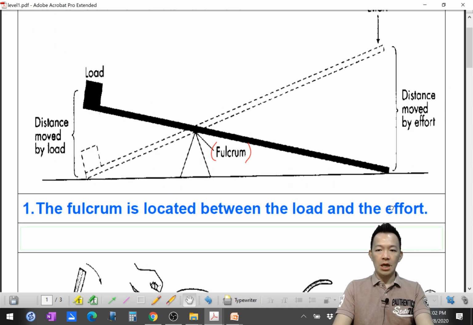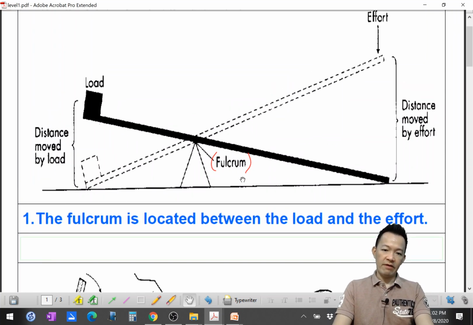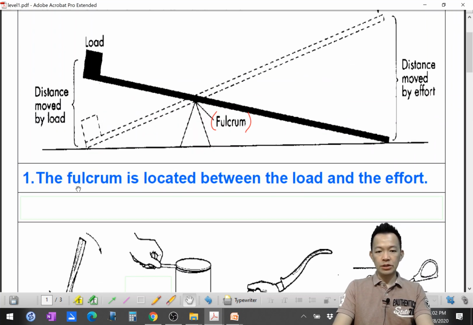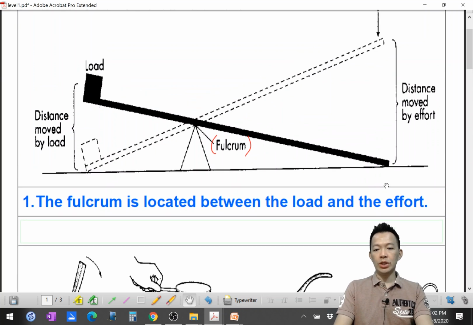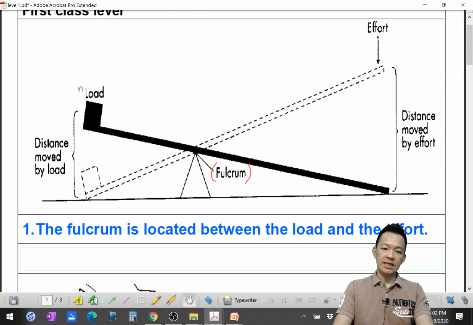OK so the first sentence: the fulcrum is located between the load and the effort. For these three names, effort, fulcrum and load, in front of the name normally we add 'the' 我们都用 the. So the fulcrum is located between the load and the effort 明白吗? Or some students maybe put the answer like this: the fulcrum is at the center.